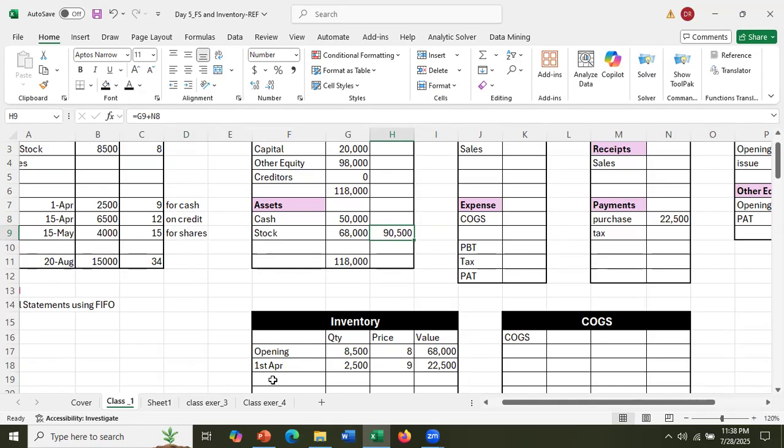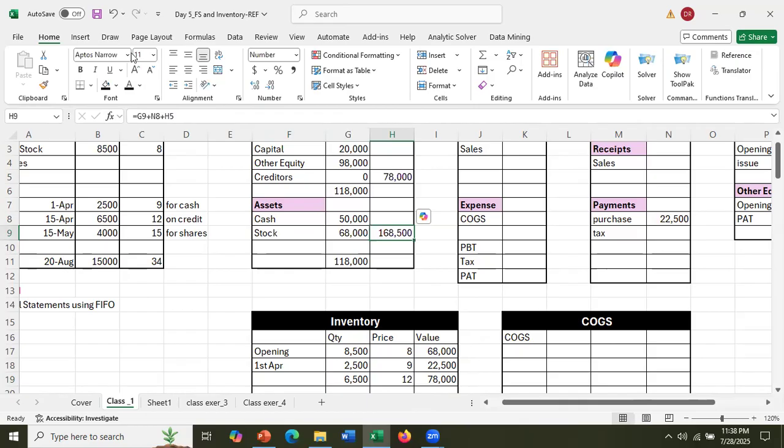The next one has been purchased at 6,500 at 12, and this time it has been purchased on credit. So there is a creditor of 78,000. As a result, the inventory will increase to that extent. Can we see the inventory once again?